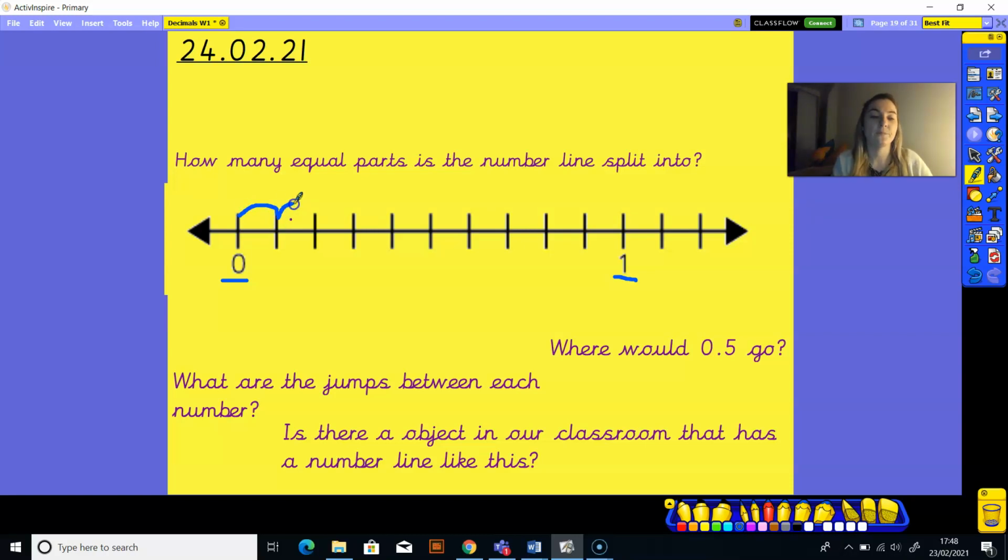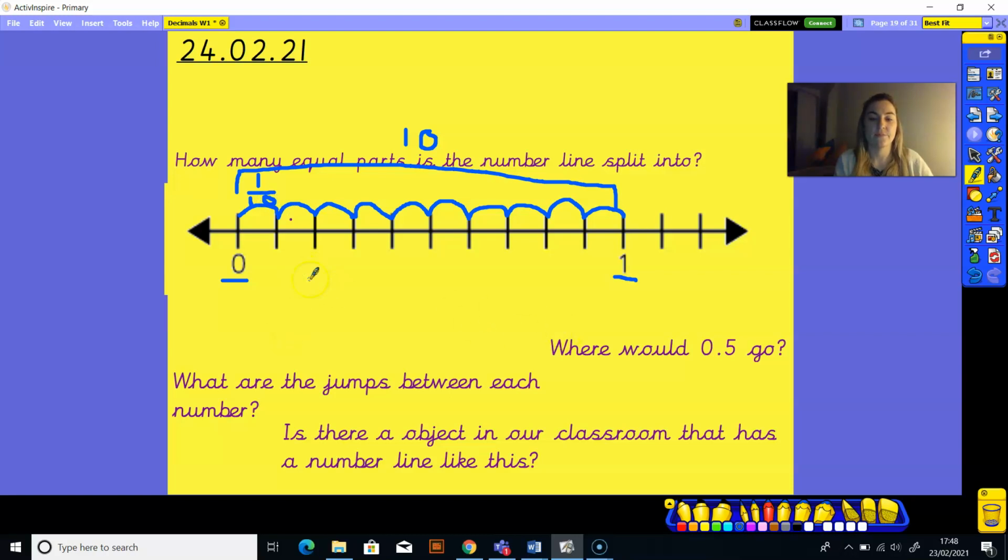So we've got 1, 2, 3, 4, 5, 6, 7, 8, 9, 10. So there are 10 equal parts. I'm just going to write 10 there. So each of these is equal to 1/10.